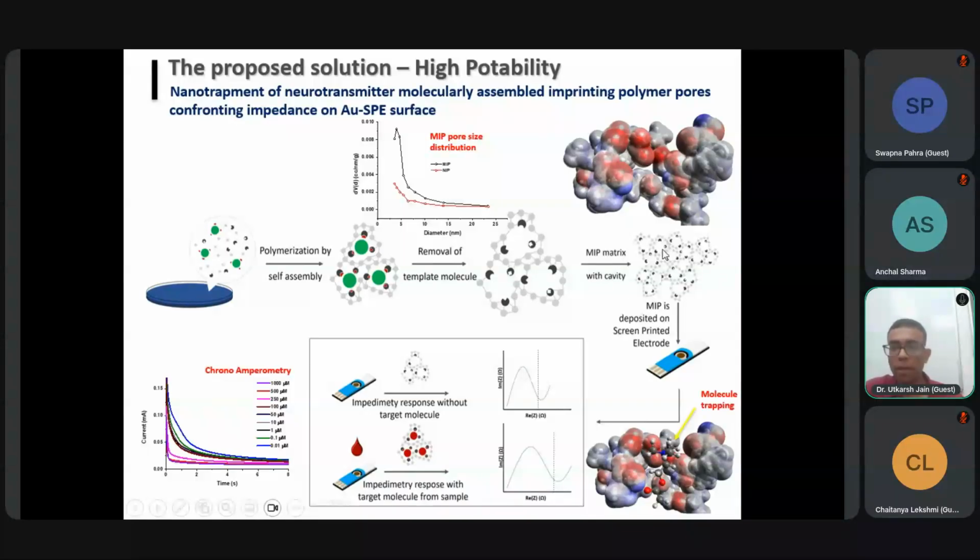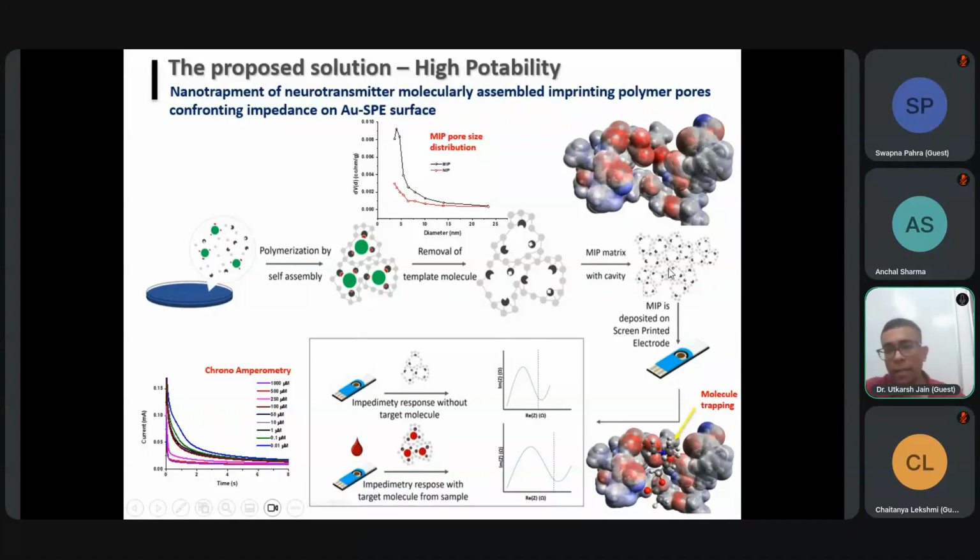So you see the molecular size patterns appear on the electrode surface, and once we electrodeposit these uniformly layered polymer surfaces on the working electrode, when the molecules are reloaded, or when they are present in a sample, they will go and bind there.